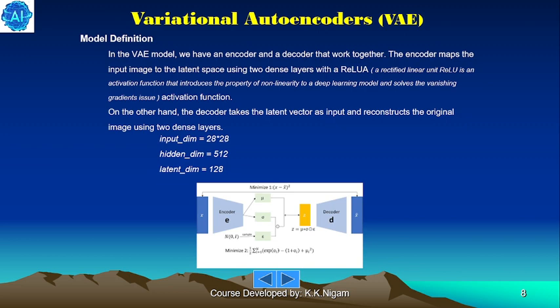On the other hand, a decoder takes the latent vector as input and reconstructs the original image using two dense layers. Input dimension is 28 by 28, hidden dimension is 512, and latent dimension is 128.